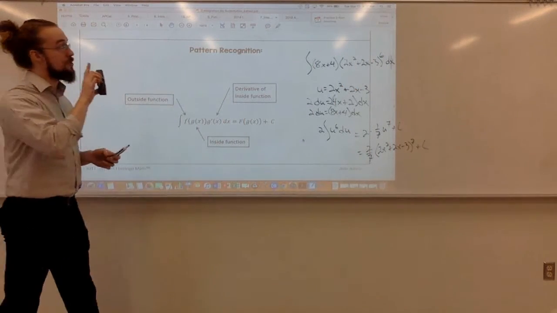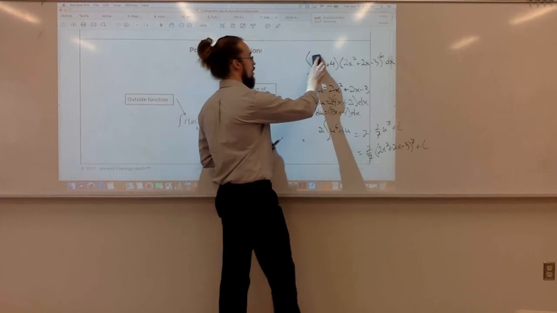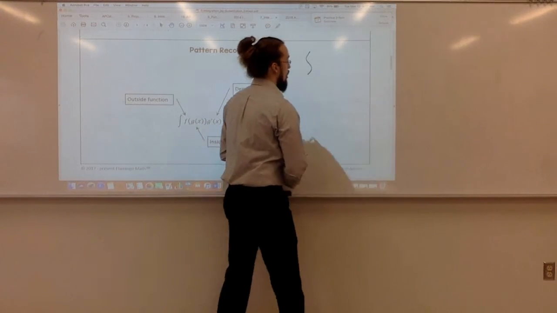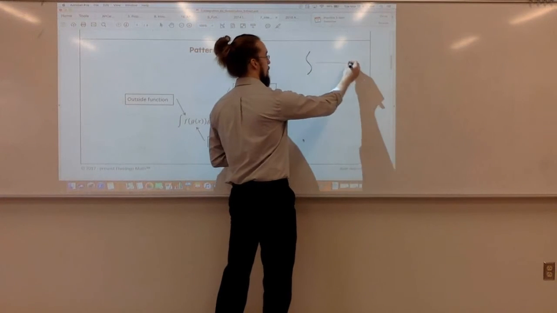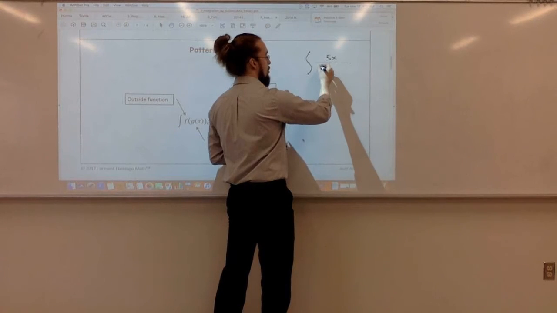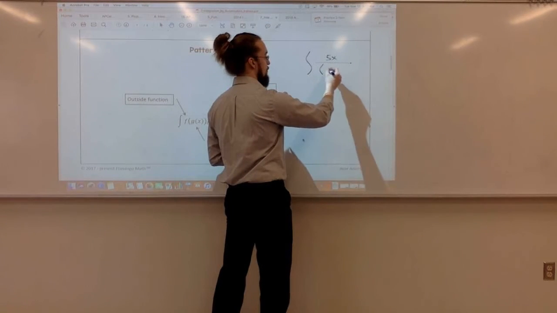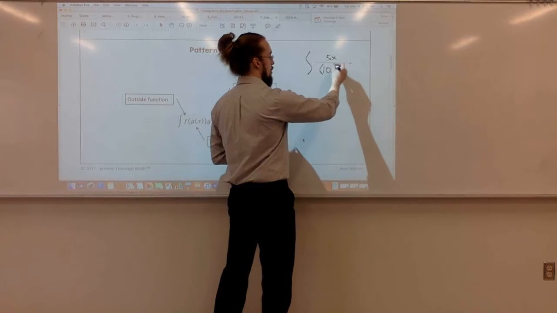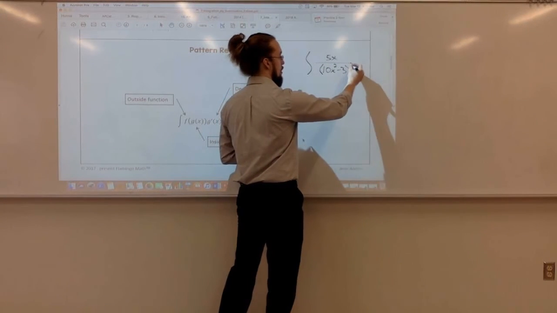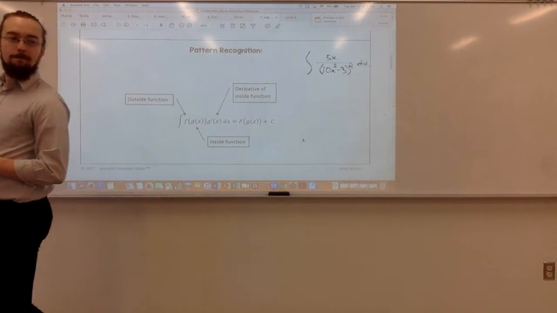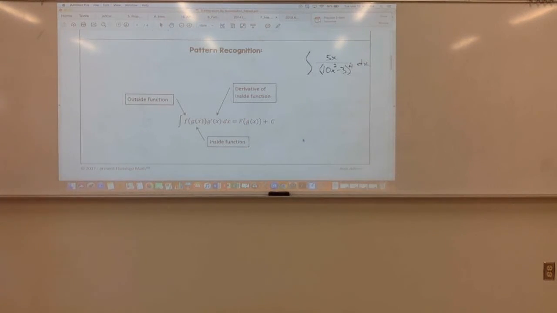Alright, how about something like this? About x over (10x squared minus 3) to the 4th. We've just taken that. Yes. Okay, that's the key for something like this.